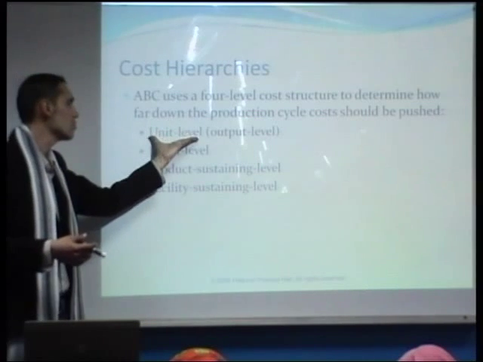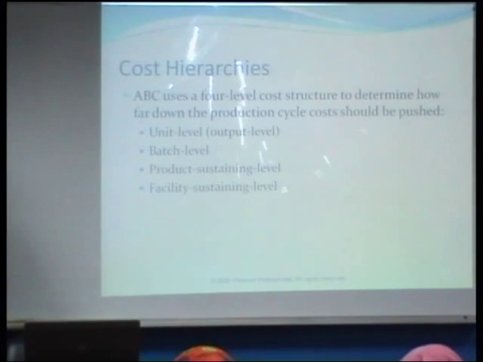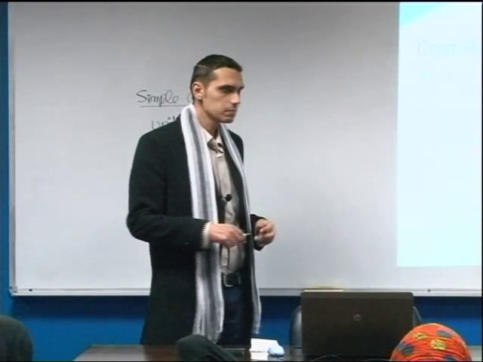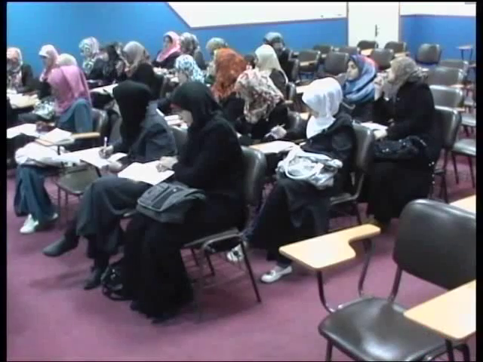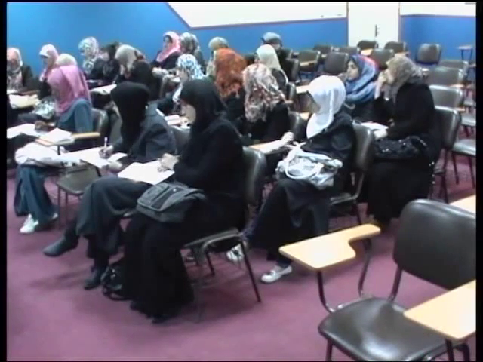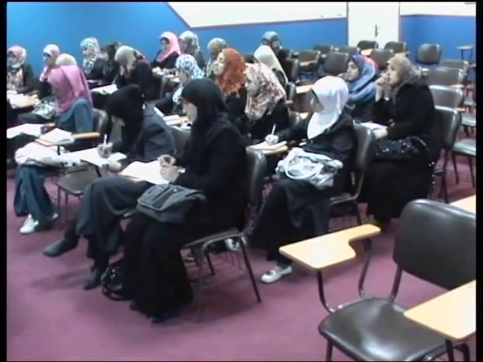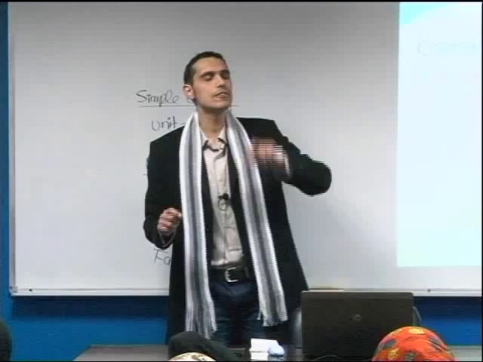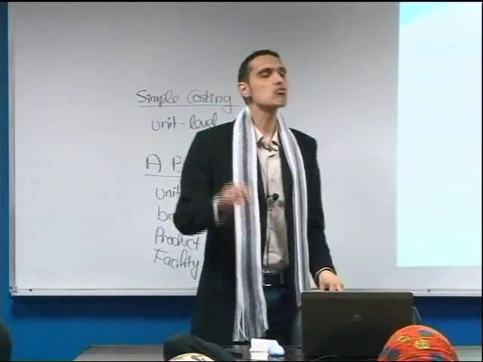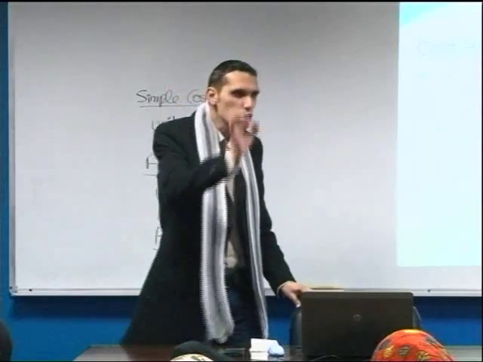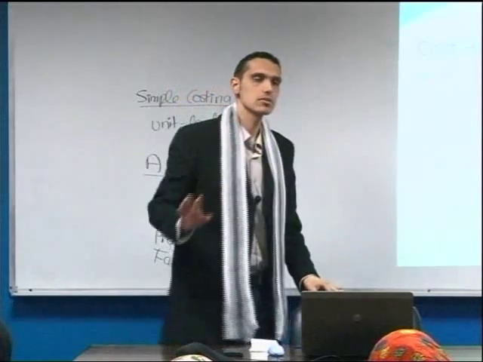First of all, what do we mean by the unit level? From its term, unit level. Yes? Are the costs of activity performed on each individual unit of service? Excellent, excellent. Therefore, the unit level are the costs of activities that are related to individual units of a product or service.